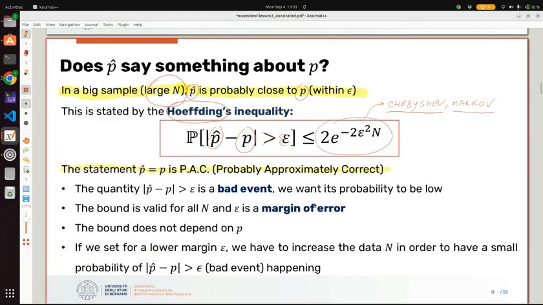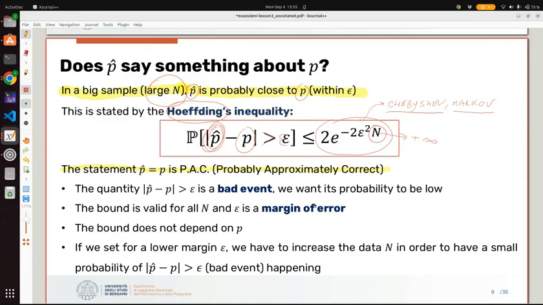And you can see that if the number of items in the sample grows, going to plus infinity, this number goes to 0. And so this estimate is in probability close to P.